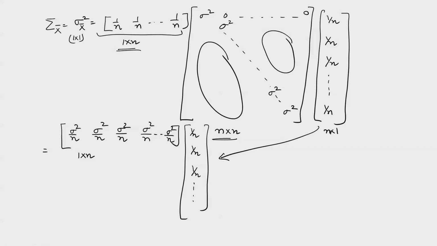Now, if you multiply, you will get sigma square by n square plus sigma square by n square, and these are n number of terms.